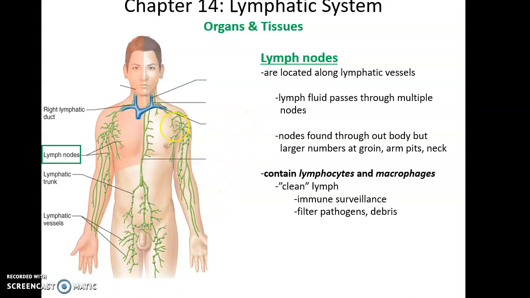And while the lymph nodes are scattered along the length of the lymph vessels, there are large numbers of lymph nodes found in the groin area, the armpits, and the neck, which is why often people press against the sides of your neck if you think you're sick to see if they can detect some sort of swelling.